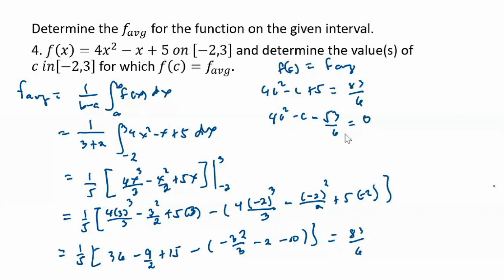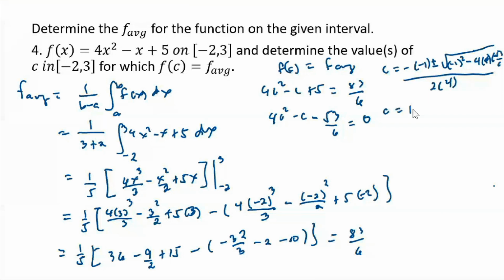Now from there, we are going to solve using the quadratic formula. In the quadratic formula, we have the negative of negative 1 plus and minus the square root of negative 1 squared minus 4 times a, which is 4, and c is negative 53 over 6, all over 2 times a, which is 4. So c is equal to 1 plus and minus.